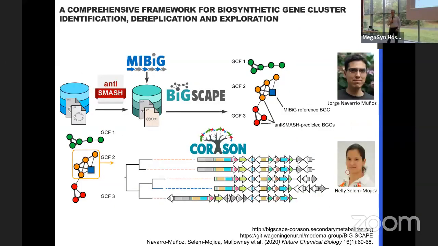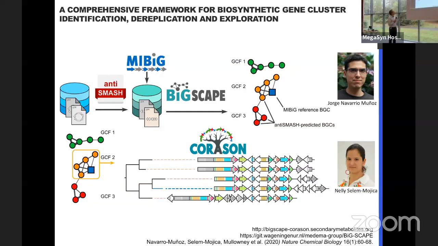And to this end, over the past years, together with collaborators, we've developed a comprehensive workflow to analyze large-scale genomic data for natural product biosynthetic diversity. It basically starts with where also my scientific career started, with the antiSMASH pipeline, which identifies biosynthetic gene clusters.